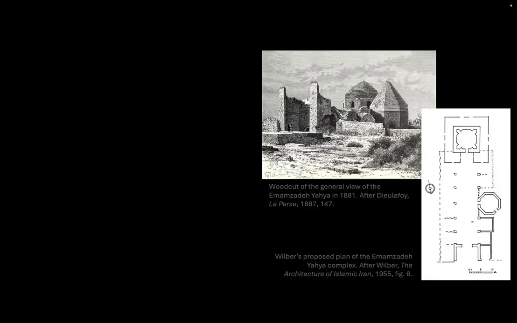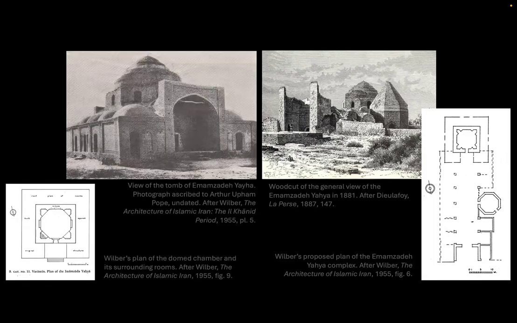As already mentioned, in 1955, Donald Wilber was the first to propose a plan for the shrine's original layout, based on Dieulafoy's 1880s woodcut. By the time he visited the site in 1939, several of the structures visible in the 19th century photographs had already been demolished. What he encountered instead were a series of small rooms with low domes surrounding the central chamber, which he believed were later additions.